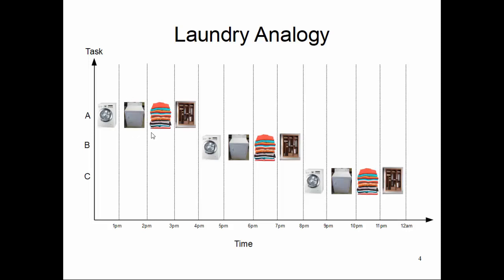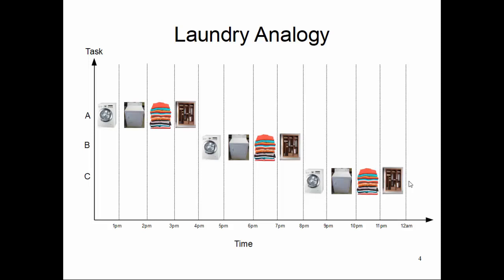Once laundry is done for A, then B starts with their laundry, and it takes another 4 hours, so it goes on until 8 p.m. And then another 4 hours for person C, and person C will be done at 12 midnight. So 3 persons took a total of 12 hours to complete their laundry process, right?